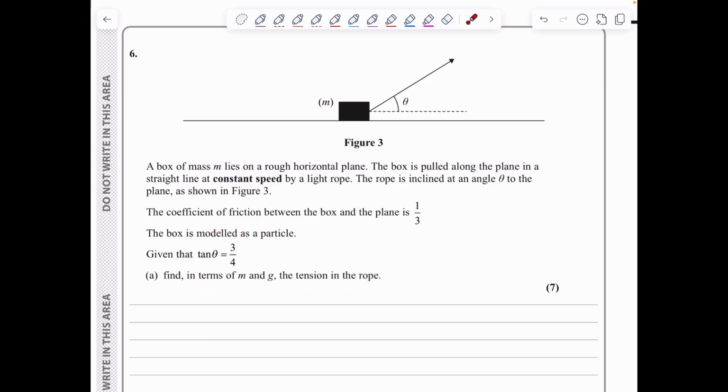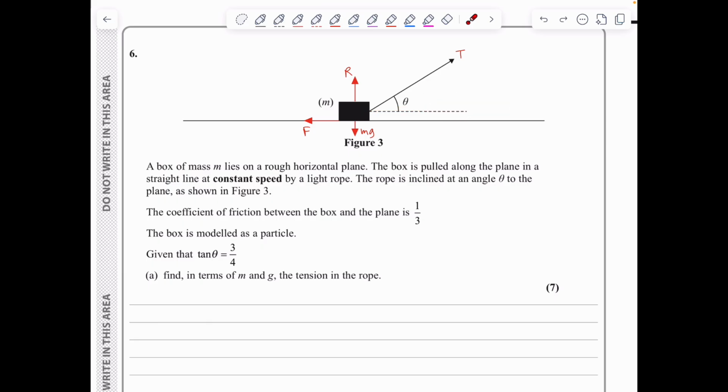As always, I will start by adding all the forces acting here. We've got the weight, which is mg, and obviously there's a reaction because the box is sitting on the ground here. Now we've got the tension in the rope, and we've got friction towards the left because we are pulling the box towards the right, so friction is opposing motion.